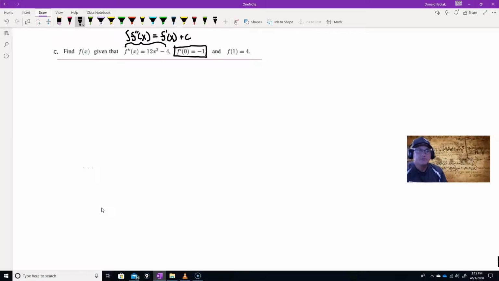All right, so here we go. First, our first derivative is equal to the integral of our second derivative. So we'll just break this up. Got a constant.